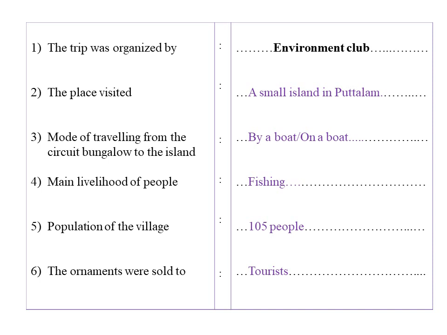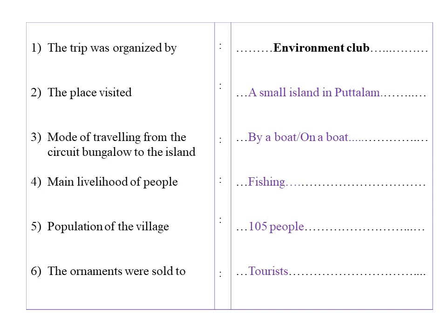In number 3, you have to find the mode of travelling from the circuit bungalow to the island. The answer for it can be found when Geet asks the way his uncle went there. There, uncle clearly says that they went to see the island in the morning on a boat. So, your answer should be by a boat or on a boat.